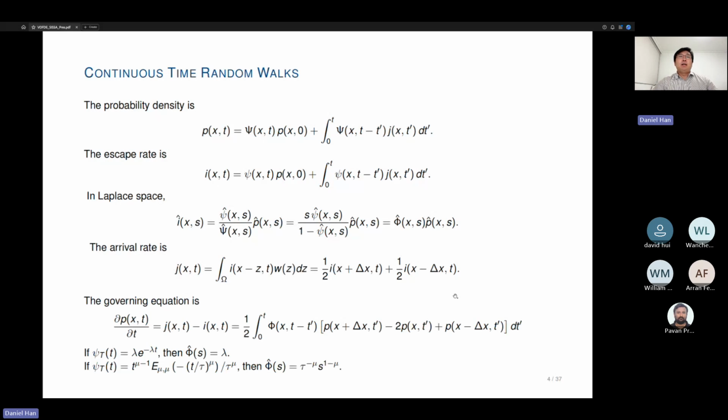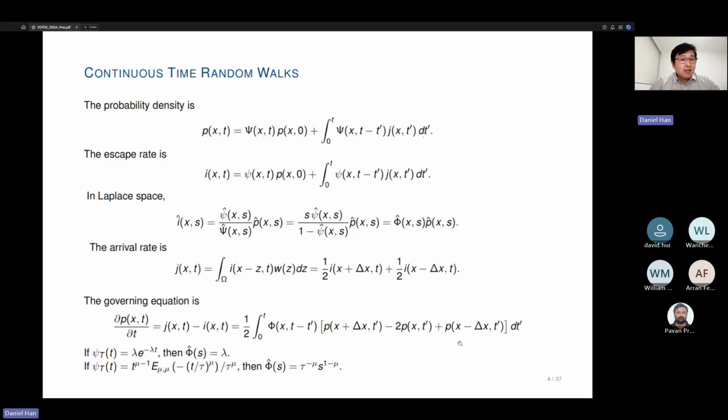Okay. If I then take all of these elements and substitute them into my original equation at the top, and I take the time derivative of that, I can express the evolution of my density as the amount of arrival minus the amount of escape. And that can be described by this formula here.